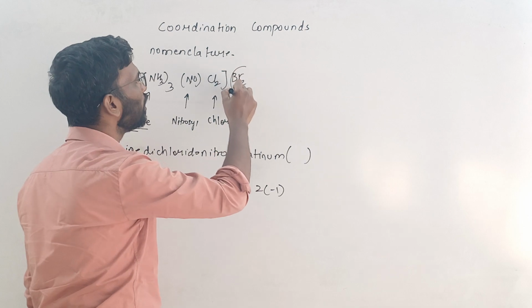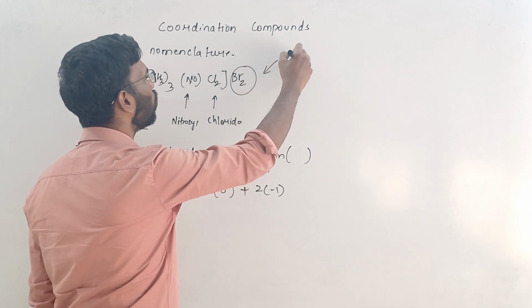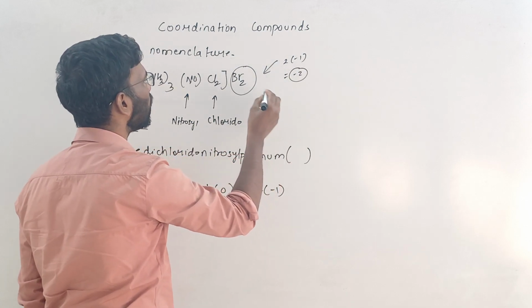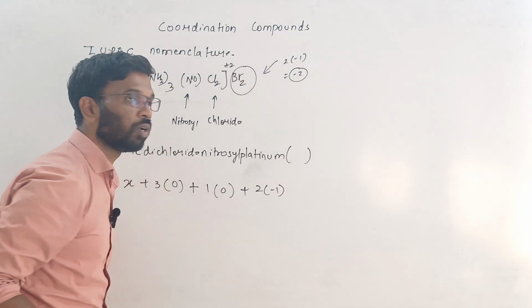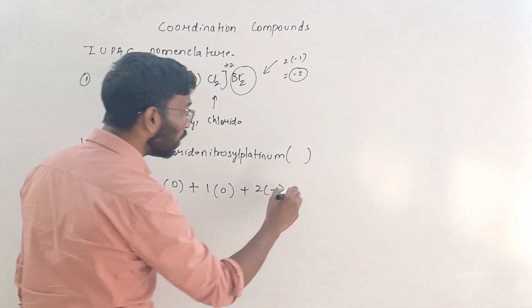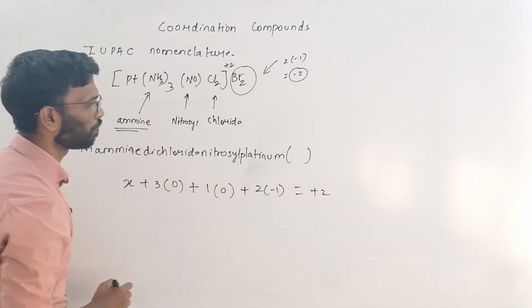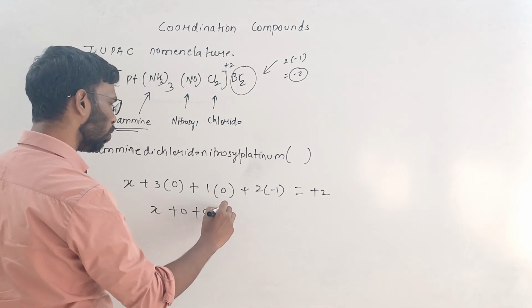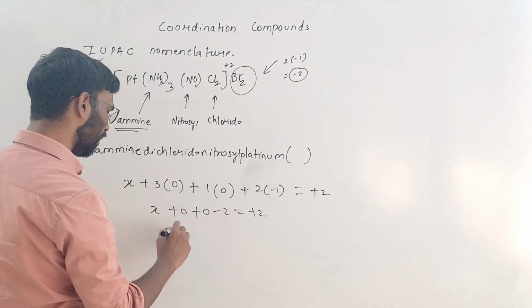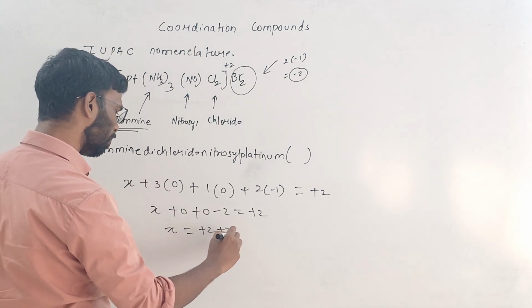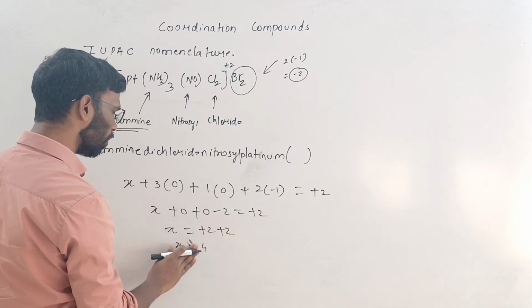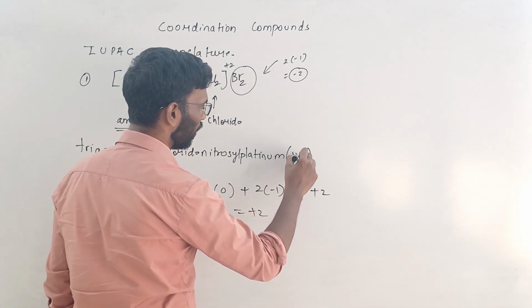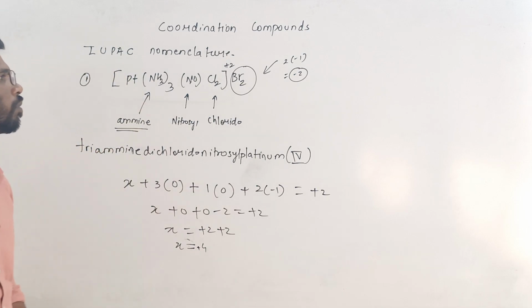Bromide is outside, contributing 2 into -1, that is -2 charge. So what should be on the coordination sphere? +2 charge. So X plus 0 plus 0 minus 2 equals +2. X is equal to +2 plus 2. X is equal to +4.